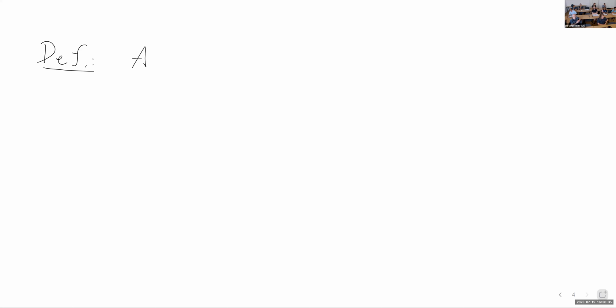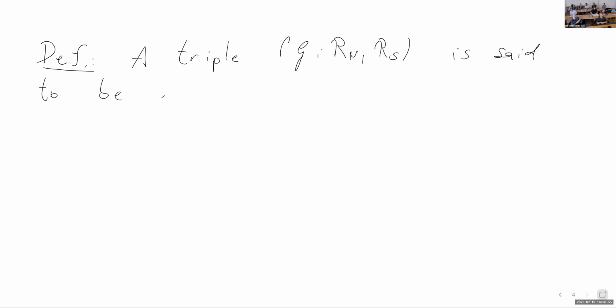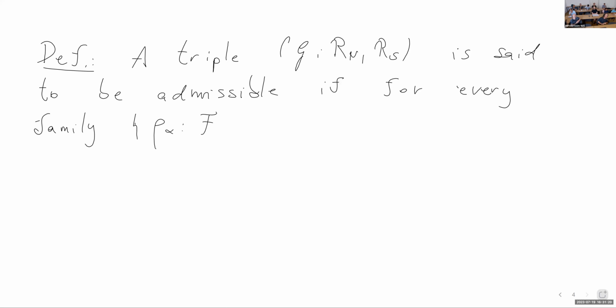The triple would be admissible if for every family of representations satisfying the relation.